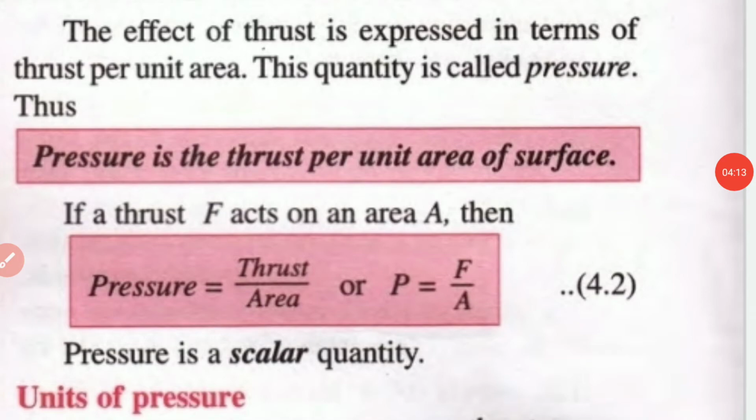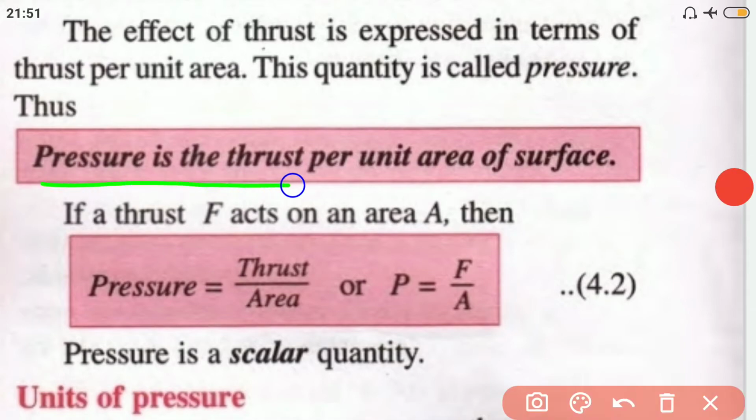The effect of thrust is expressed in terms of thrust per unit area, thrust acting on a unit area. This quantity is called pressure. So pressure's definition will be: pressure is the thrust per unit area of surface.